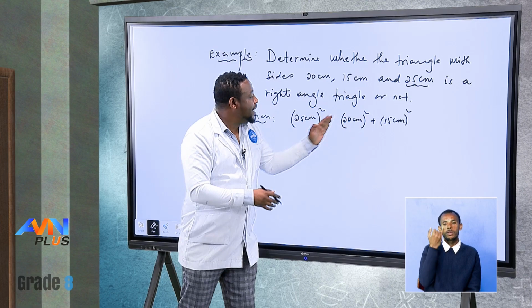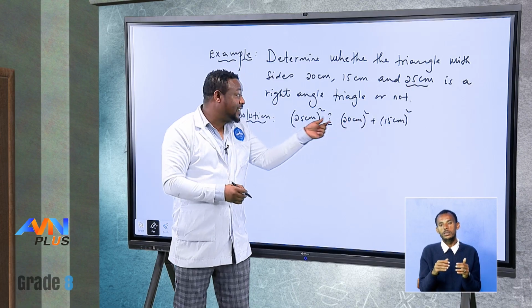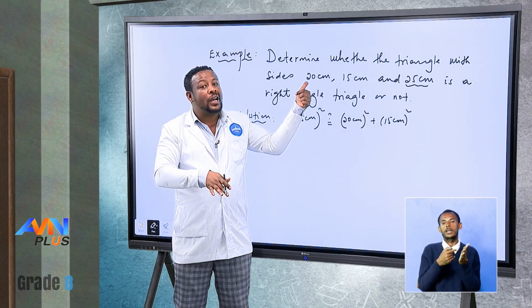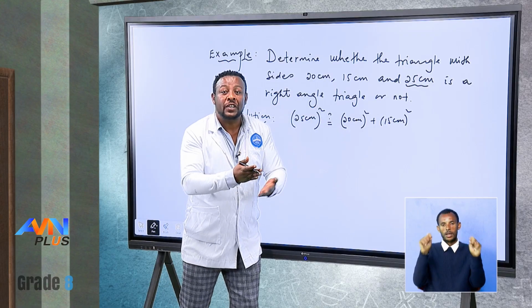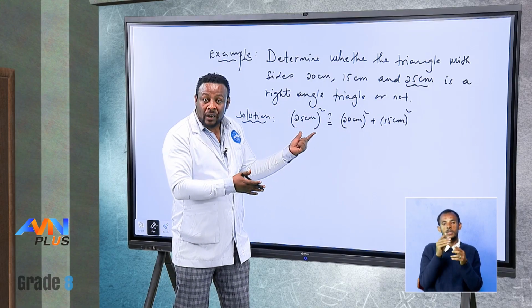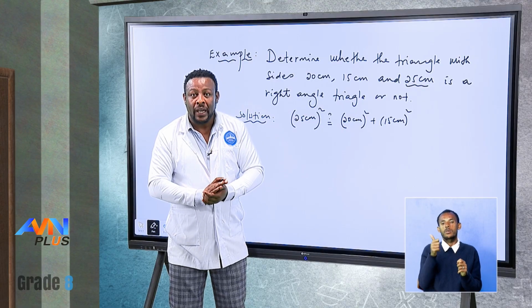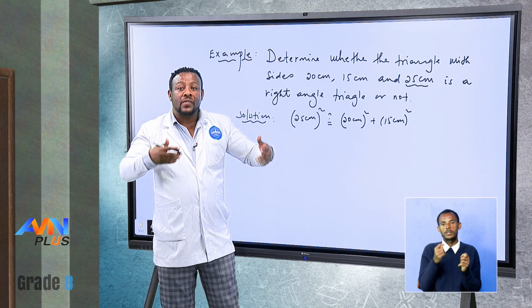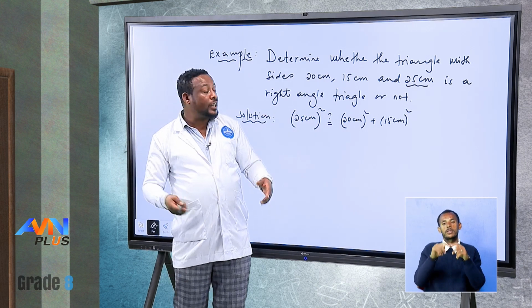If this sum is exactly this one, clearly the triangle is a right angle triangle. If this sum is different from the square of this number, then the triangle is not a right angle triangle. Okay, this theorem, the converse, helps us to identify whether the triangle is right angle or not.